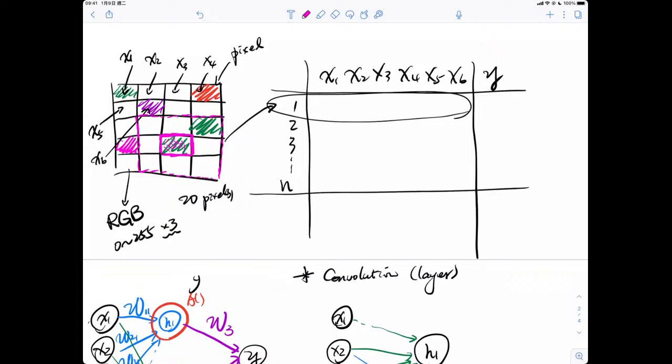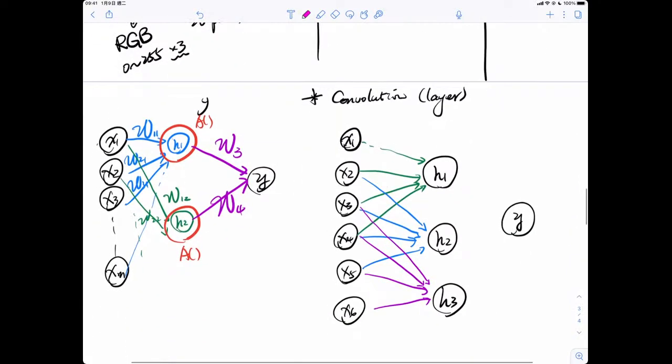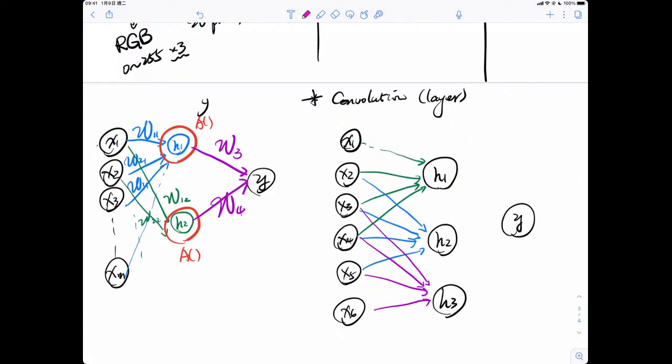So before you use convolution, make sure your input data has certain characteristics, such as colors and their neighbors, for example x3 and its neighbors x2, x4 and x1 are related.